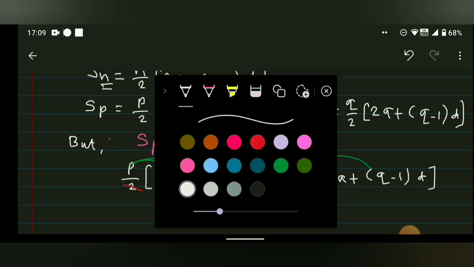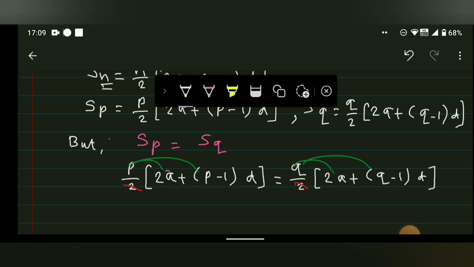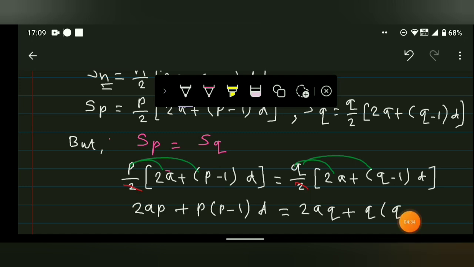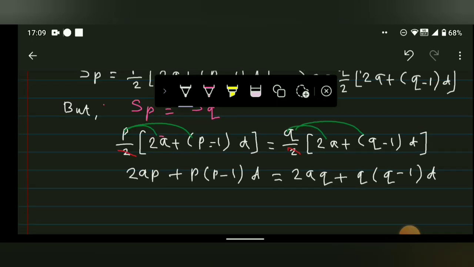This multiplication gives us p into 2a, which is 2ap, plus p into bracket (p minus 1) into d. This is equal to, if I multiply q inside, 2aq plus q into bracket (q minus 1) into d. So this is just multiplication of the brackets.